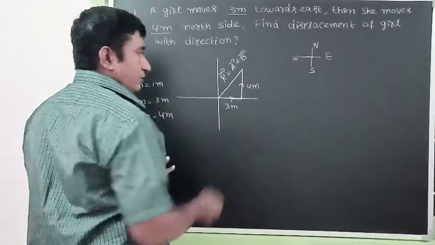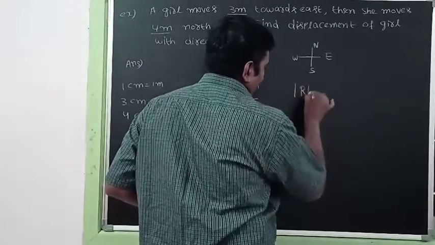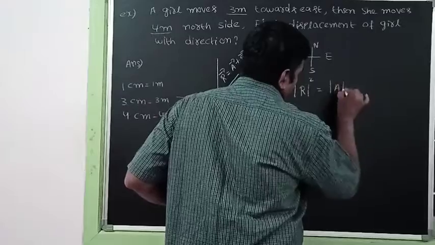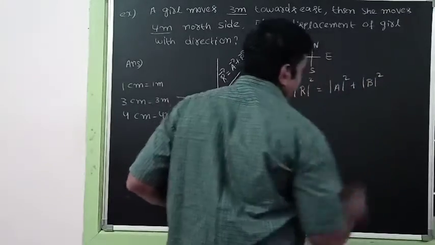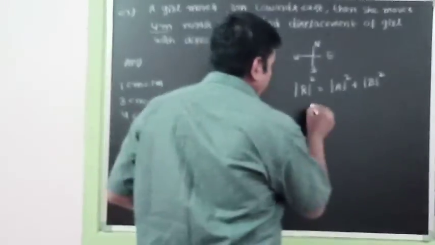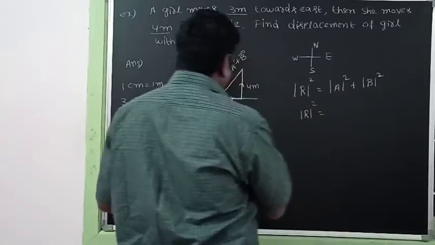If you have seen, this is a right angle triangle. So with the help of this, modulus of R square is equals to modulus of A square plus modulus of B square, which you can take in terms of only magnitude. So R square equals A value.